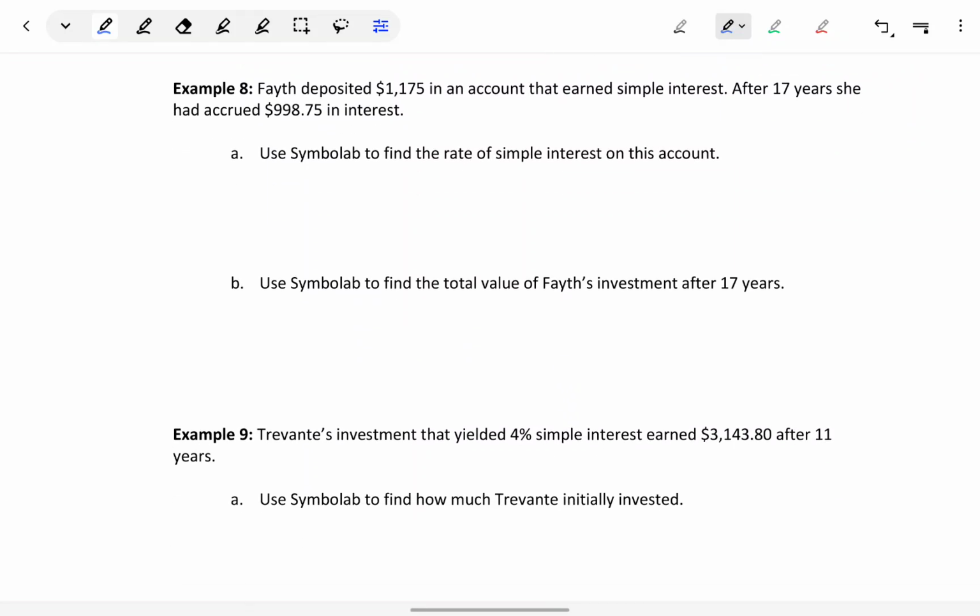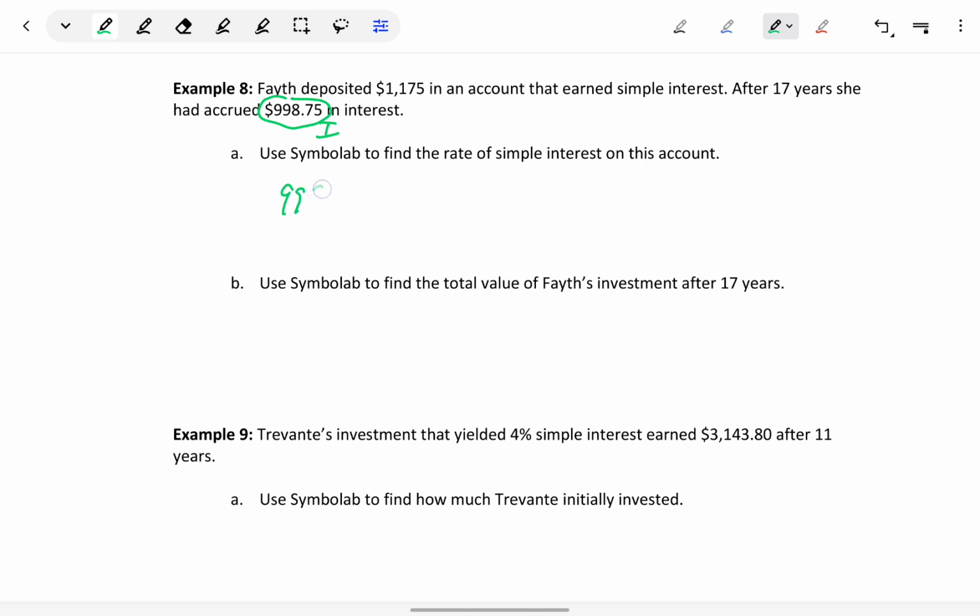In example 8, Faith deposited $1,175 in an account that earned simple interest. After 17 years, she had accrued $998.75 in interest. We want to find the rate of simple interest on this account. So in this case, what we know is how much she accrued in interest.